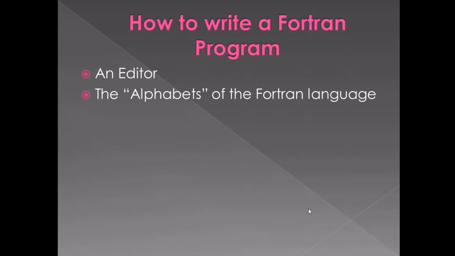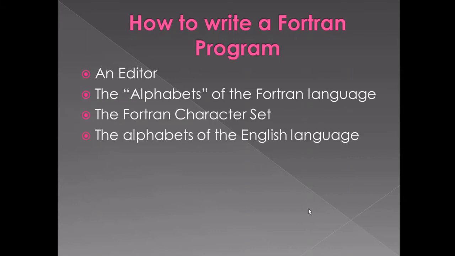The different symbols, letters, characters that we can use to write a Fortran program is called the Fortran character set. This Fortran character set consists of the alphabets of the English language.